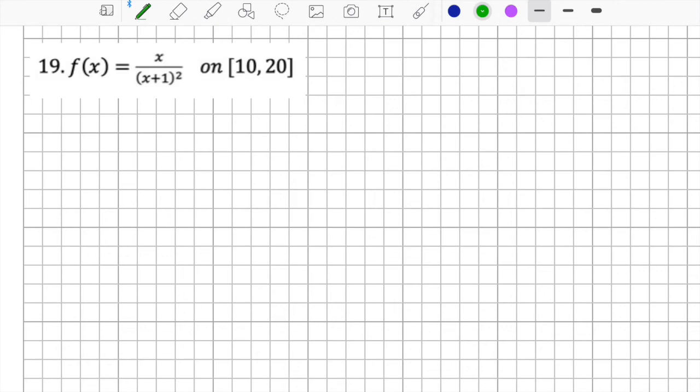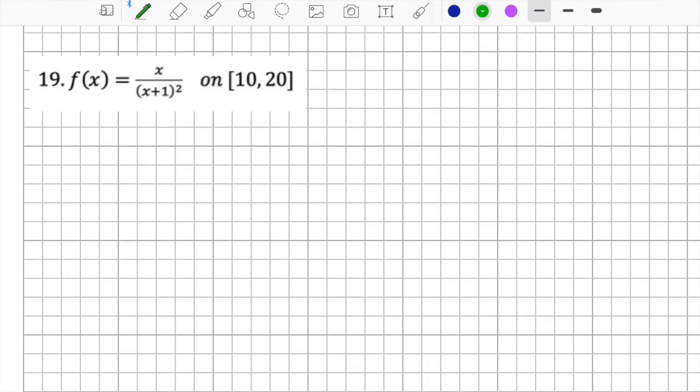Okay, promise you this is our last problem. So again, we want to see if there's any zeros in the given interval by using the intermediate value theorem. So here we go. Again, this is A, this is B. Let's find out what is f of 10.